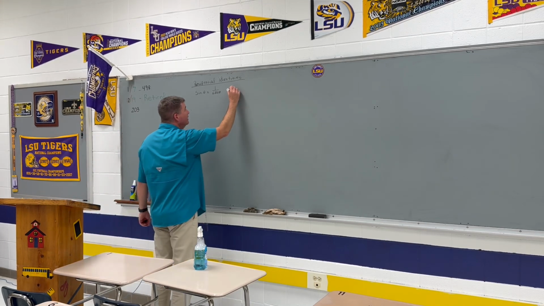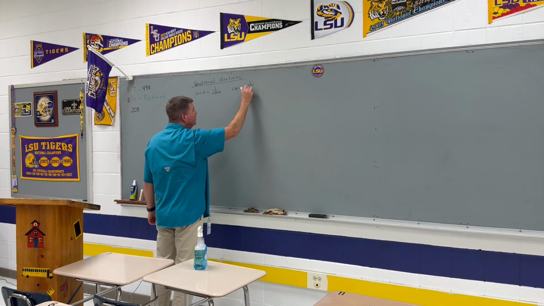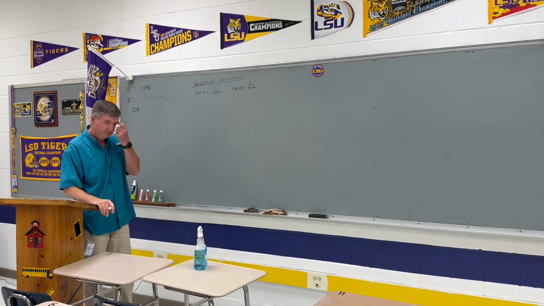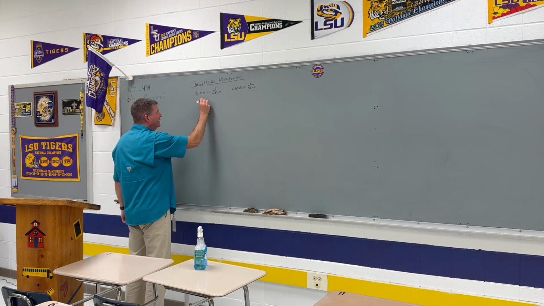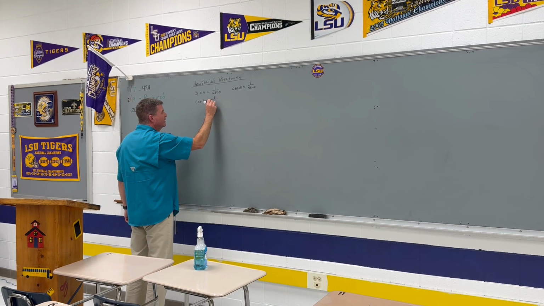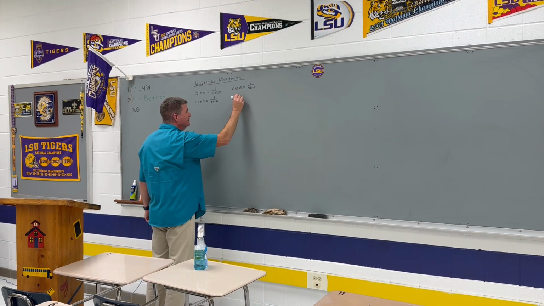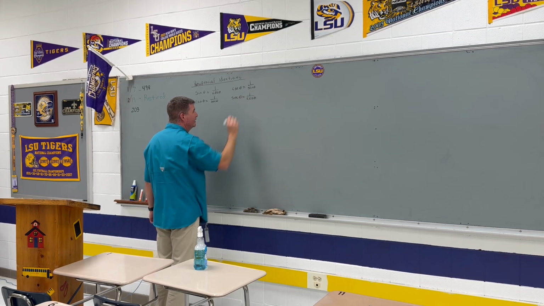And vice versa, the cosecant of theta is equal to 1 over the sine of theta. The cosine of theta is equal to 1 over the secant theta, and the secant theta is equal to 1 over the cosine theta.